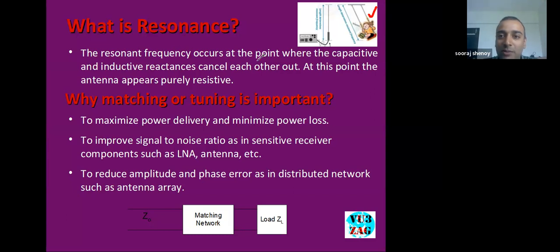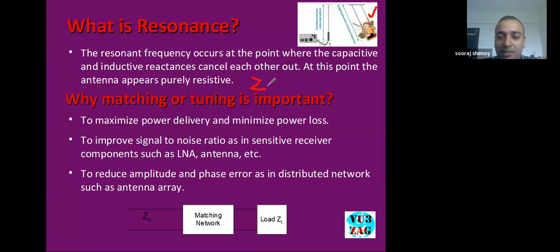Coming to radio frequency, we can explain that resonance occurs at the point when the capacitive reactance and the inductive reactance cancel each other. At the point of resonance, the capacitive and inductive reactance are equal and opposite, so they cancel each other. At that point, the only available impedance will be resistive.